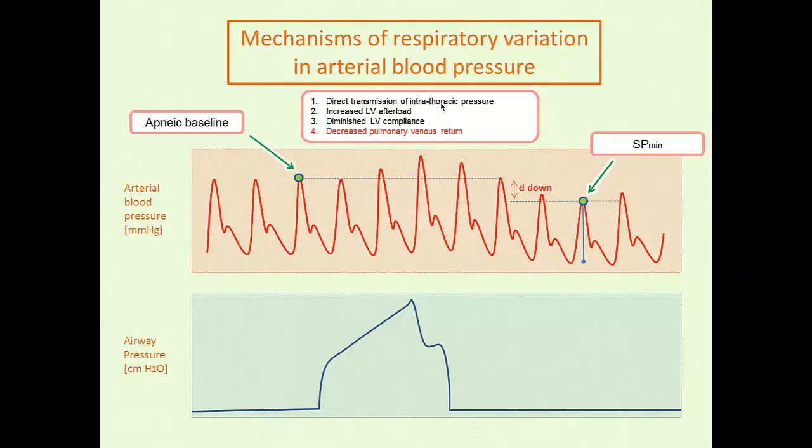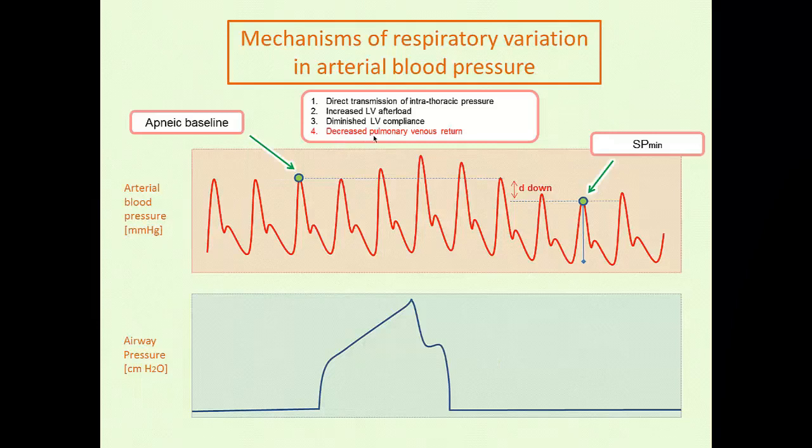There'll be a diminished left ventricular compliance as the RV is being charged with increased venous return during mechanical expiration. So the right heart will fill and then impair LV filling capacity. And then there's also probably the most important effect, the diminished venous return.